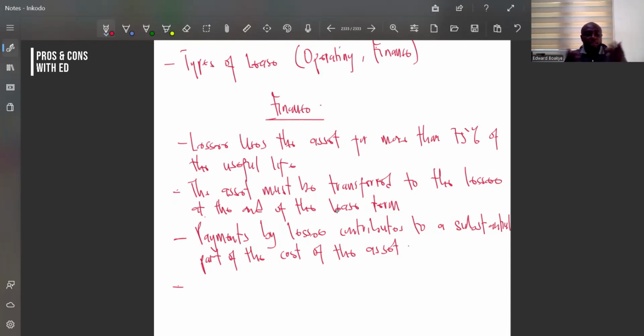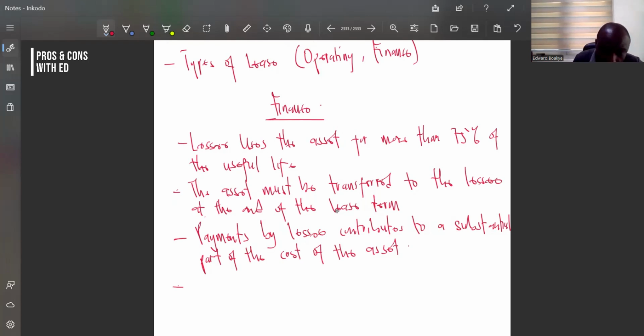It is a specialized asset which has been leased to you, and nobody else can use it. So if you transfer it back to the lessor, what is the lessor using it for? So it is you alone who can use it, it becomes your asset, and you have control over that asset.